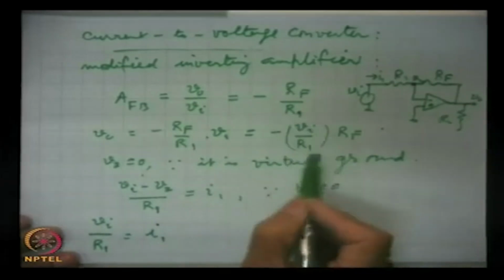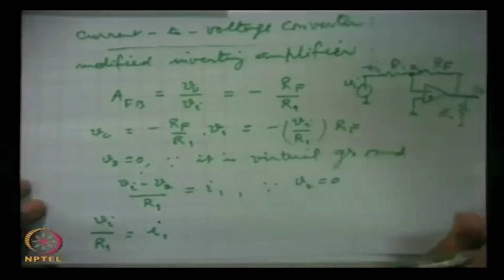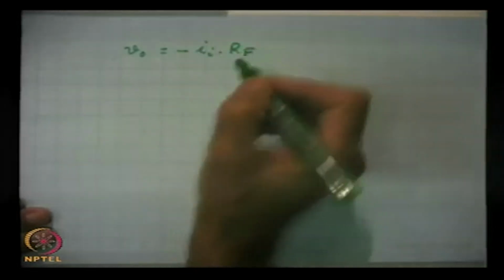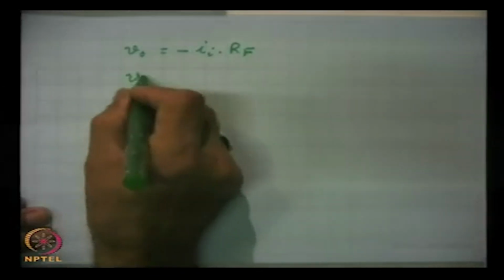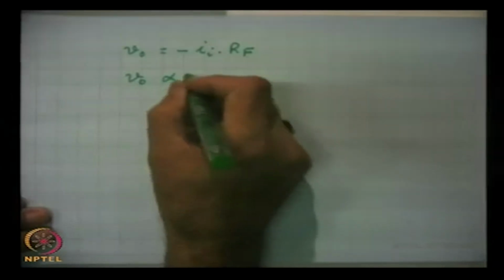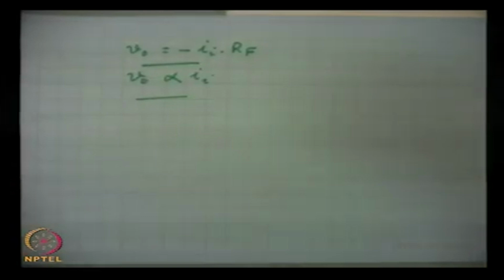So this is the current. So what we are getting? We are getting V out equal to minus I into RF, that is, output voltage is proportional to the current. This is what is expected out of a current to voltage converter.